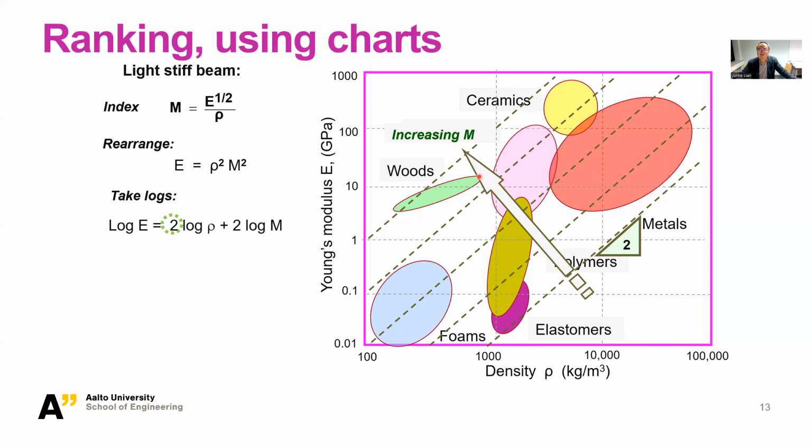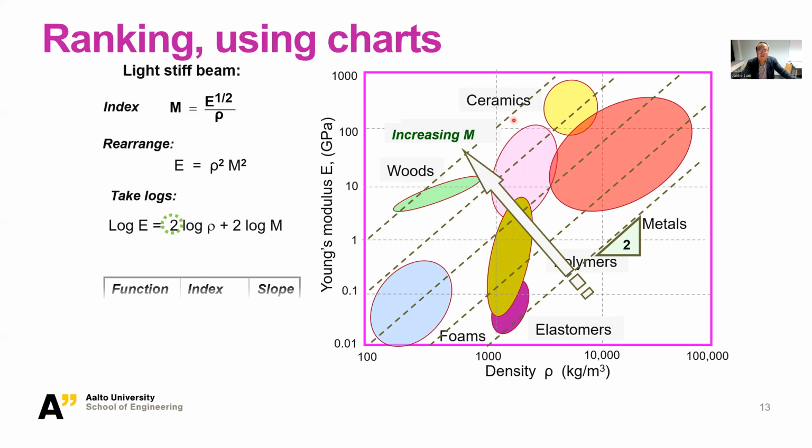And if we want to have a maximum or largest M possible, meaning we're pushing this line towards the top left corner, the line with the most top left position has the largest M. That's how you're going to do the selection or ranking visually.